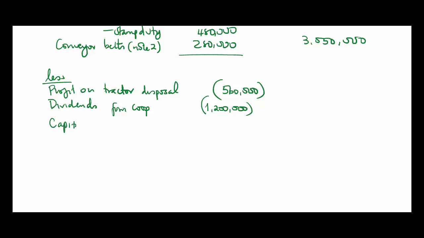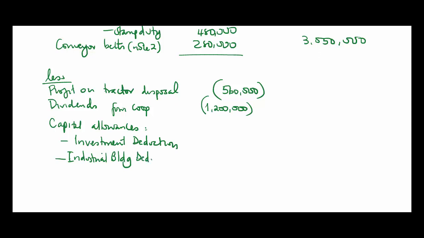Then now we deduct capital allowances that we had already worked out. So we had investment deduction, we had industrial building deduction or allowance, and we had wear and tear.